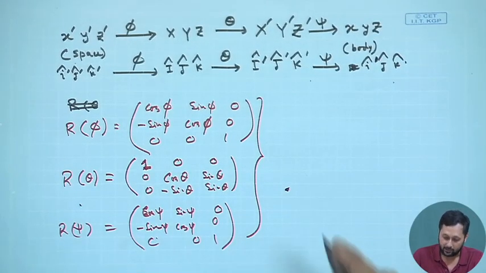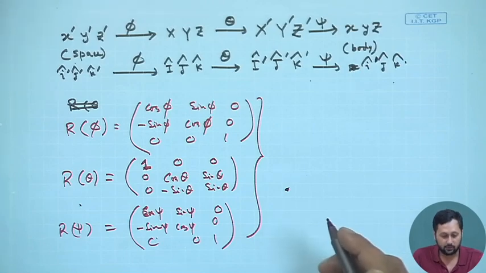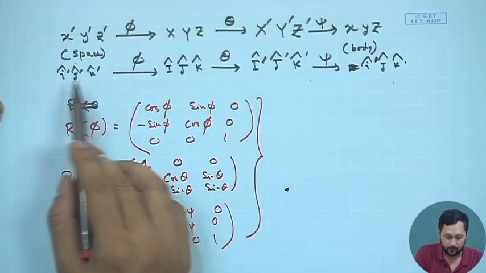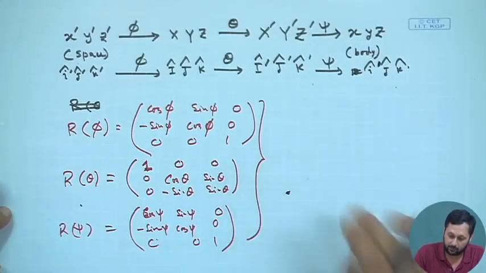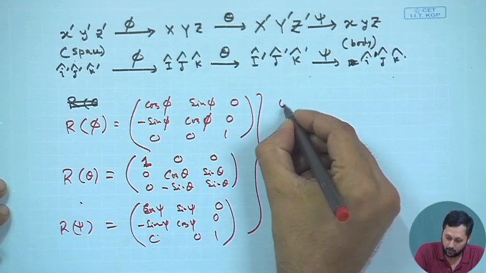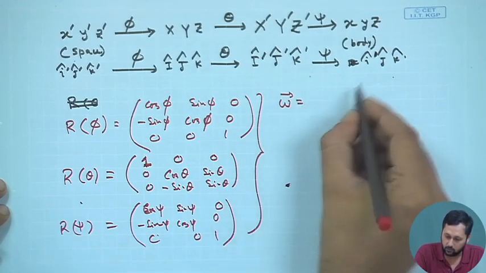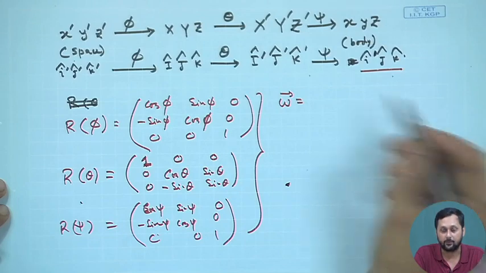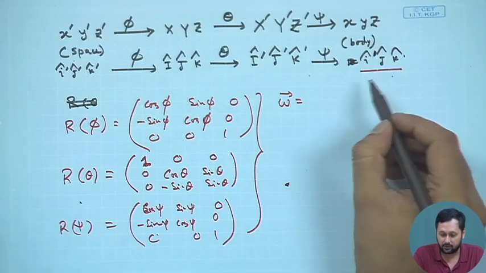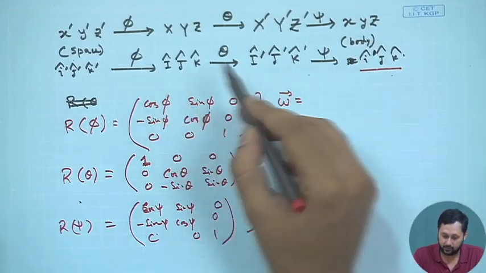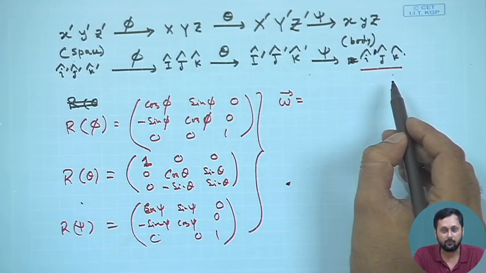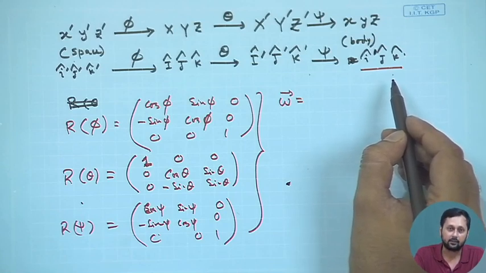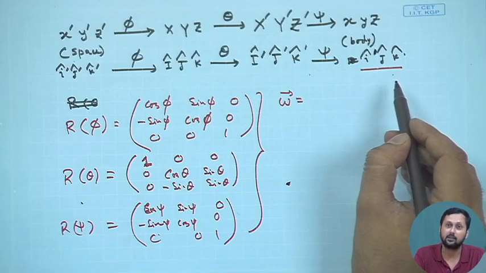The thing is, we can use these matrices to track down the change in these coordinates. If we want to write a vector, let us say our final target is to decompose omega in terms of this final set of system, because we always try to end up in an axis system which is not only the body frame, but also the inertial axis system.